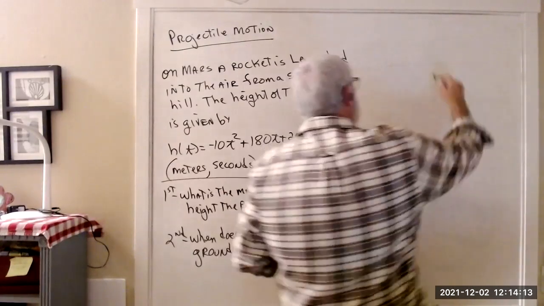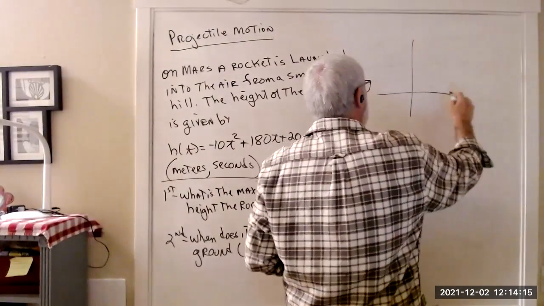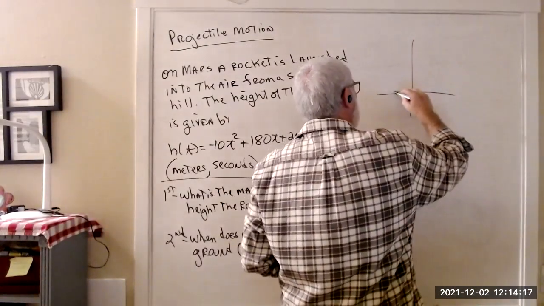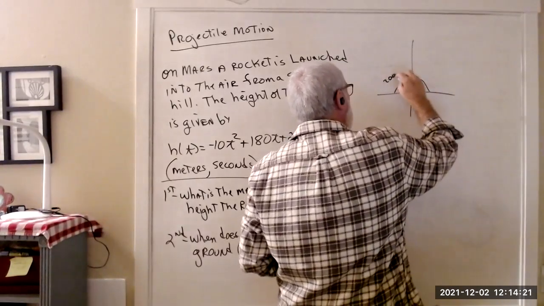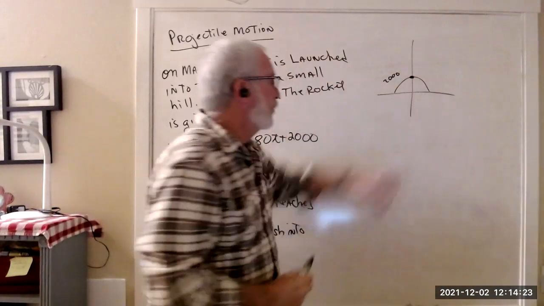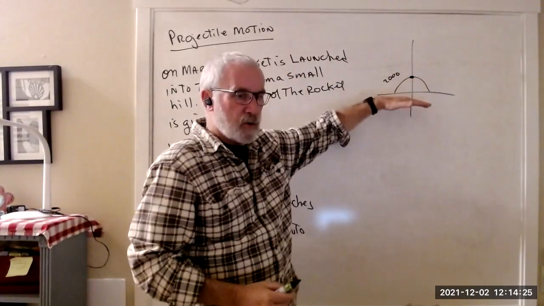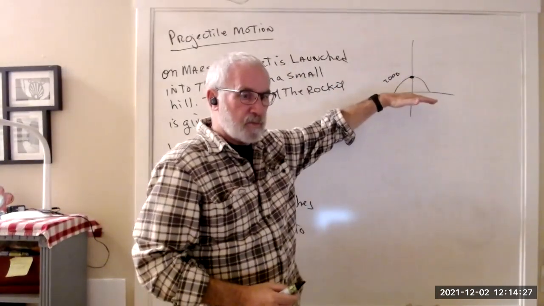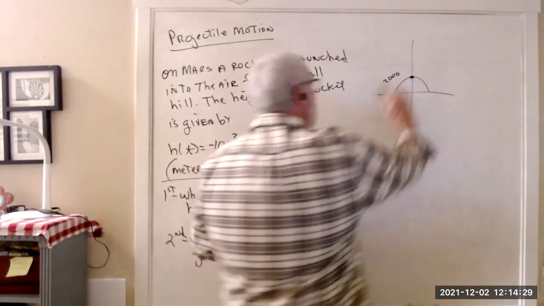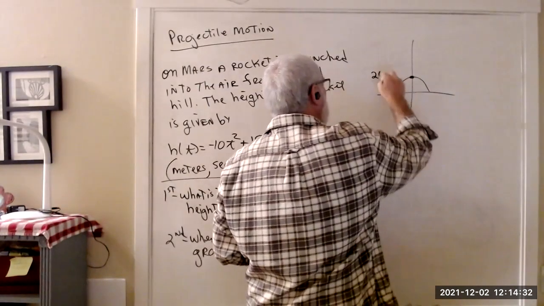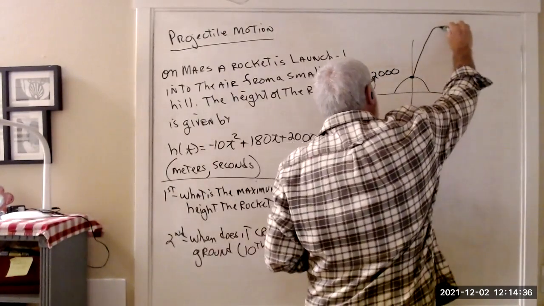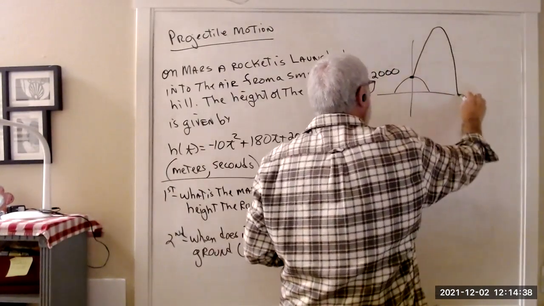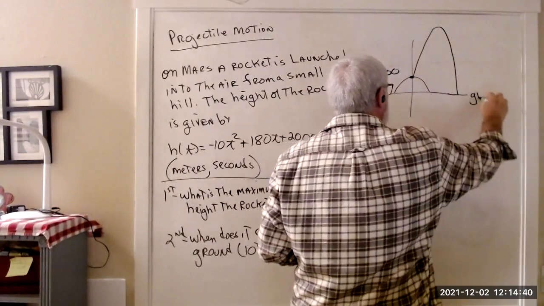I'm going to have to erase this to make room for my work. So here's a hill and it's starting 2,000 meters above the ground level. And then it goes up and comes back down and crashes into the ground.